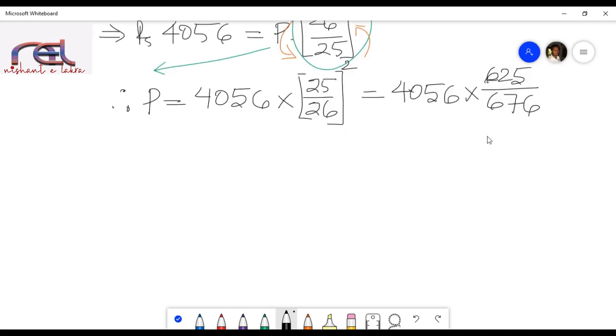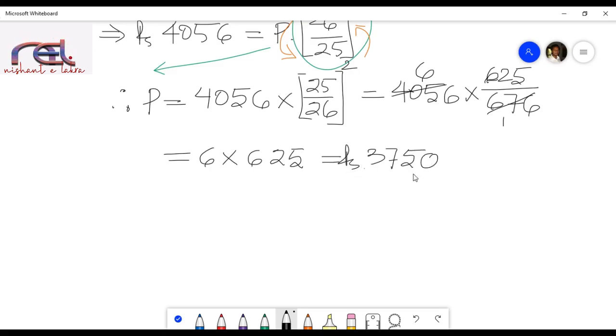So square of 26 is 676, and when you simplify it, 676 into 6 will be 4056. I have directly simplified it. You can use the smaller numbers to calculate it. You will still get the same value. 6 into 625 will be how much?